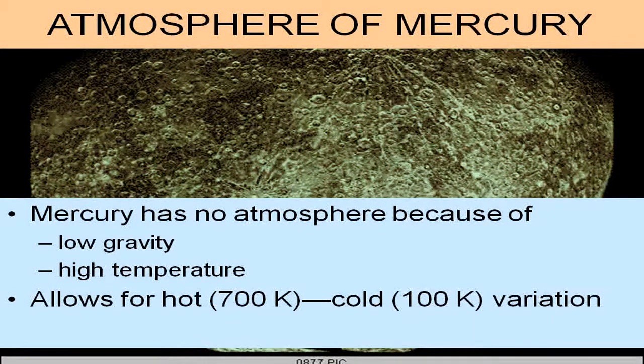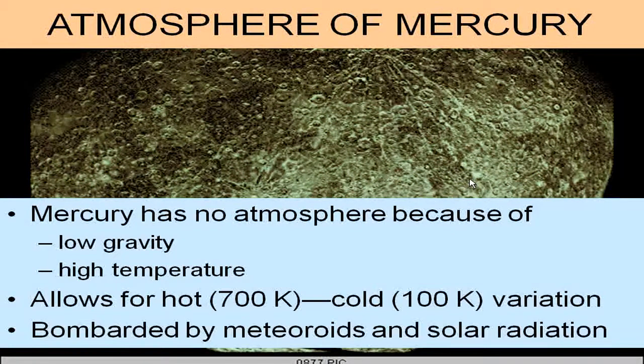So this variation between hot and cold is the greatest variation among all the planets. No other planet gets so hot and then so cold, with more than 1,000 degrees Fahrenheit temperature difference. So it's quite inhospitable to life as we know it.